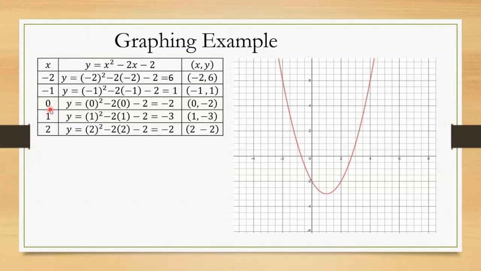Essentially, I just let x be 0, and I got -2. So -2 is the y-intercept. The x-intercepts, I don't know what they are. That would take more work to find, but here's one over here, and here's another one. So we have those. Okay, that's good.